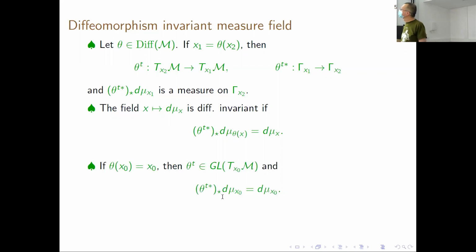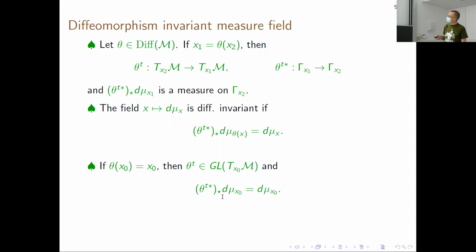In fact, suppose that a diffeomorphism preserves a point x0. Then its tangent map at this point x0 is an element of the linear group over this linear space.